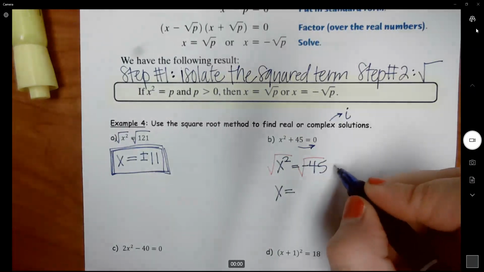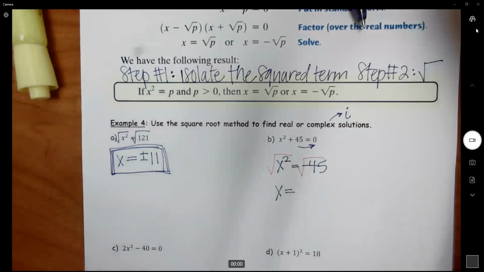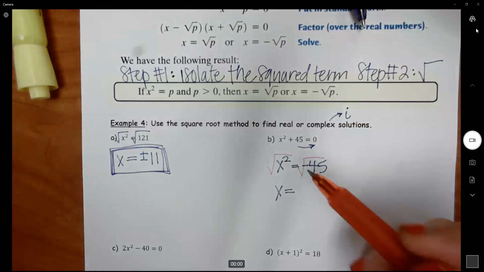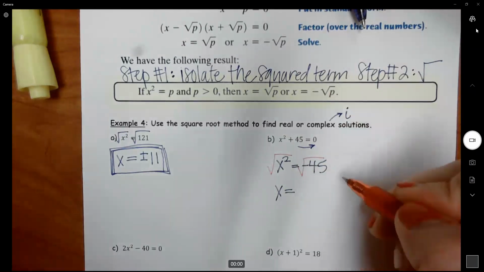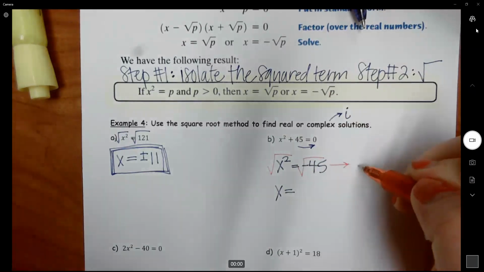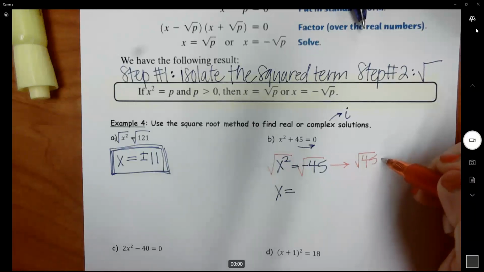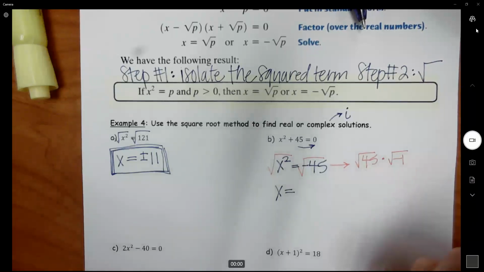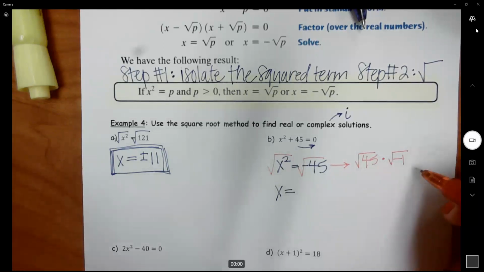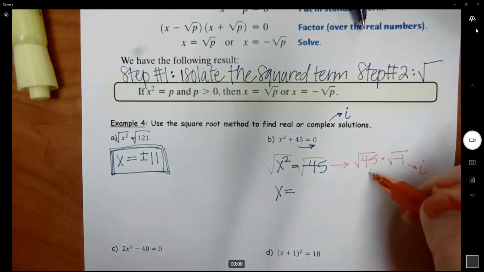And then now let's break this down. I'm going to use red again. The square root of negative 45 is the same thing as the square root of 45 times the square root of negative 1. Well, the square root of negative 1 is my i. So let's break down 45.